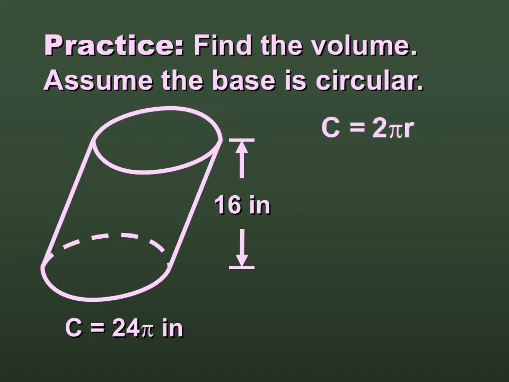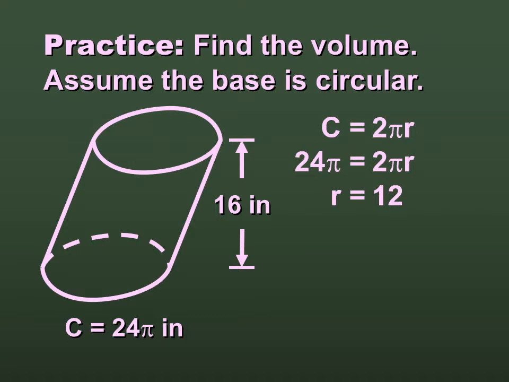The formula for the circumference is 2 pi r, circumference of a circle. If our circumference is 24 pi, we just need to solve for r. We can divide both sides by 2 pi, leaving us 12, which means our radius is 12 for that circle.